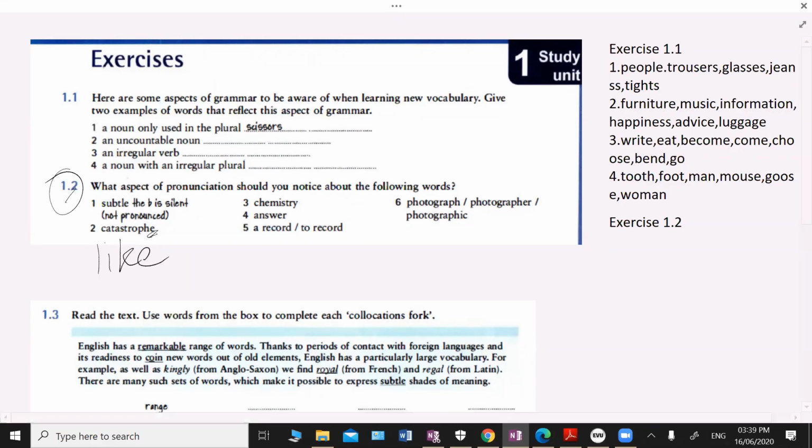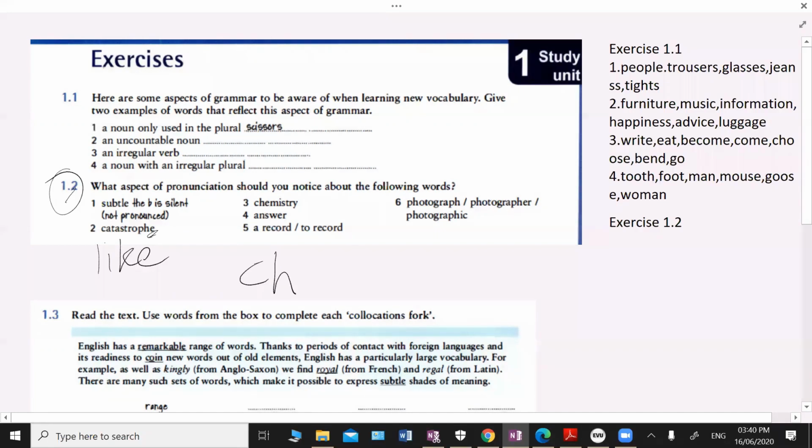Okay, word number 3. The word is chemistry. Do you notice any pronunciation aspect of this word? Stress on the second syllable, okay. Look at the first 2 letters, CH.